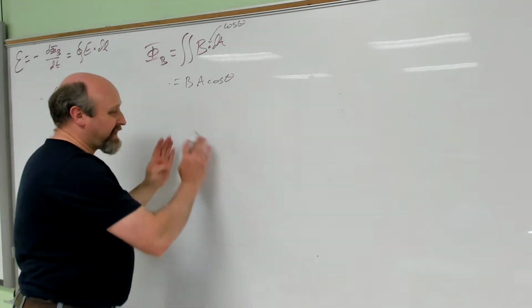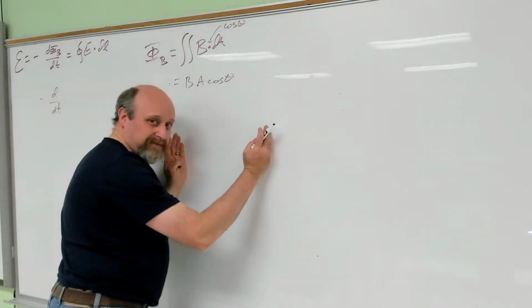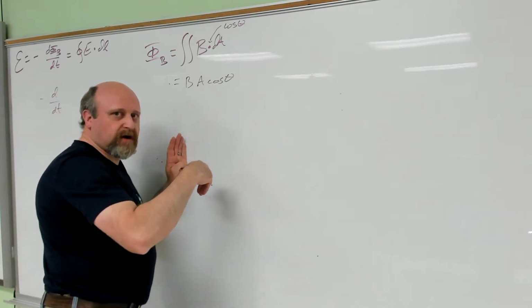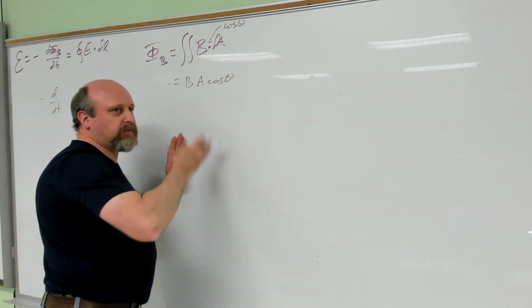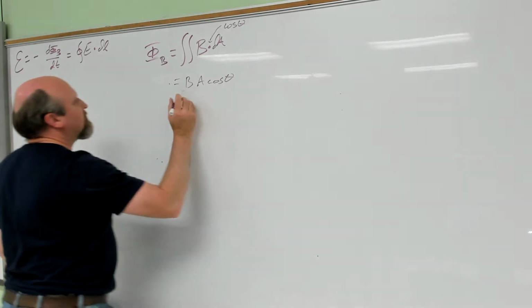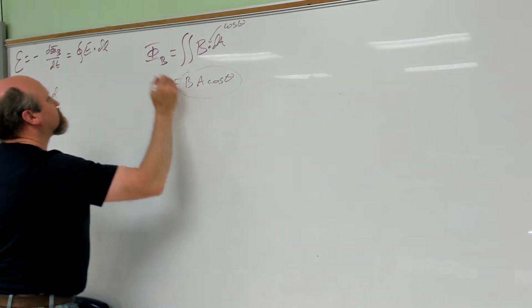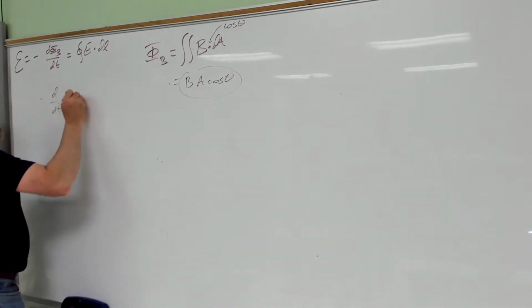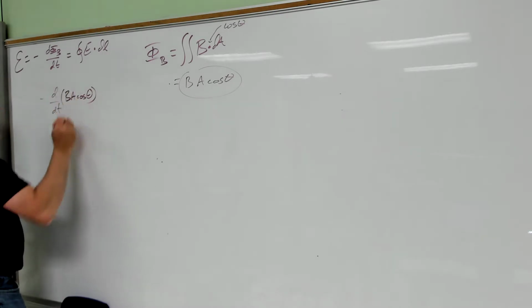If I do have an area where the B field is changing, I'm going to have to slice it up into a bunch of little slices and do the integral, adding up the flux through each little bit of area. But in this case, this is what we get, and this is what I'm going to put in for flux here. So it'll be d/dt of BA cosine theta.